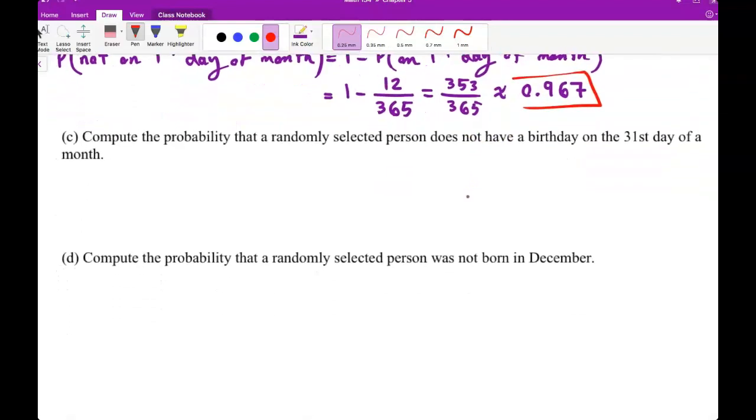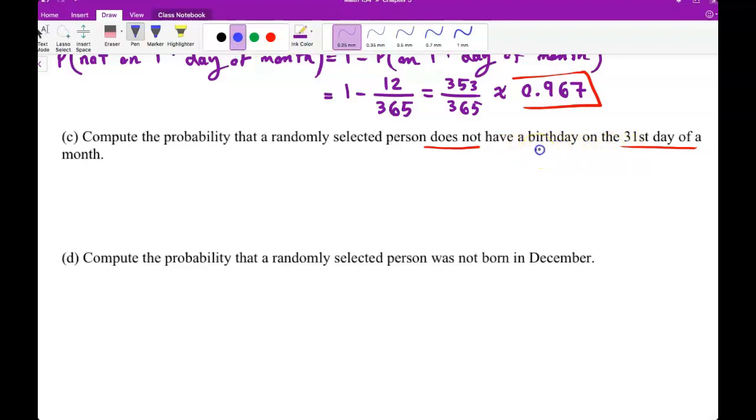Part C, compute the probability that the randomly selected person, again, doesn't have a birthday on the 31st day of a month. Okay, now here we should count how many months we have with 31 days.